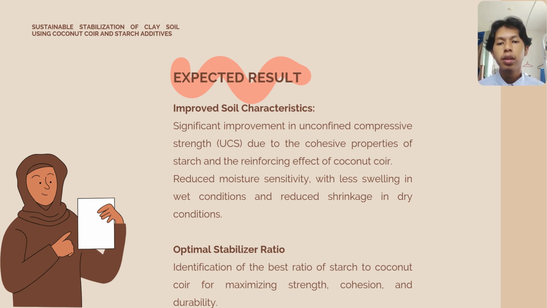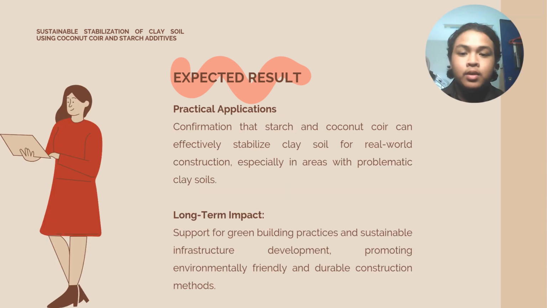Second, optimal stabilizer ratio: identification of the best ratio of starch to coconut coir for maximizing strength, cohesion, and durability. Next, practical application: confirmation that starch and coconut coir can effectively stabilize clay soil for real-world construction, especially in areas with problematic clay soil.